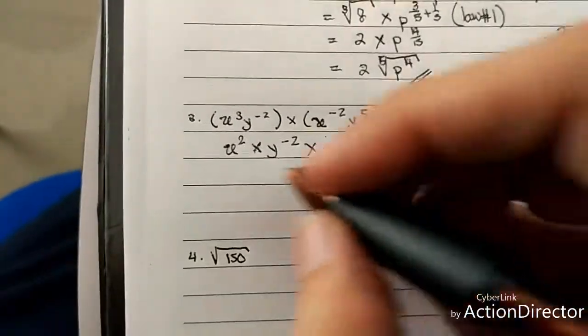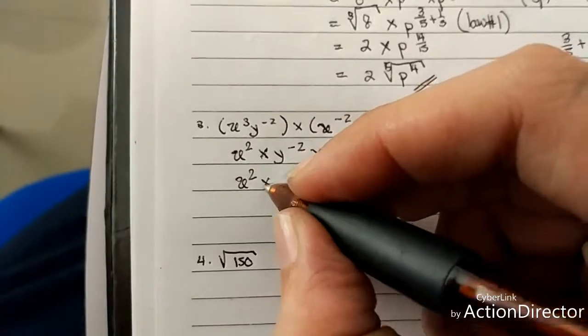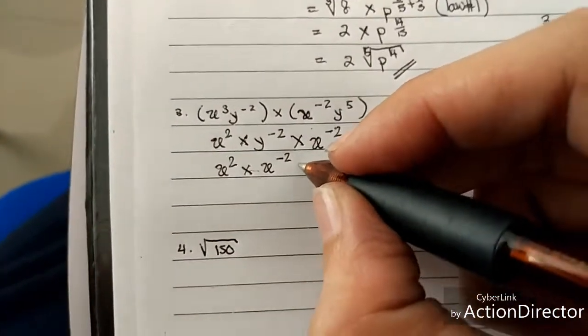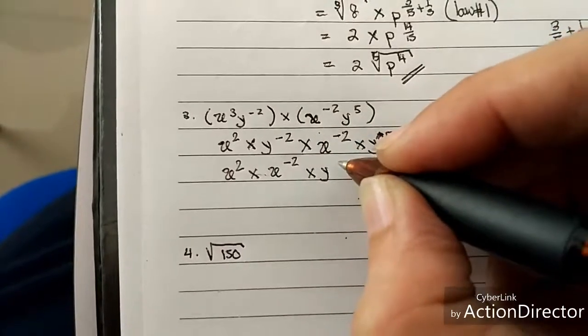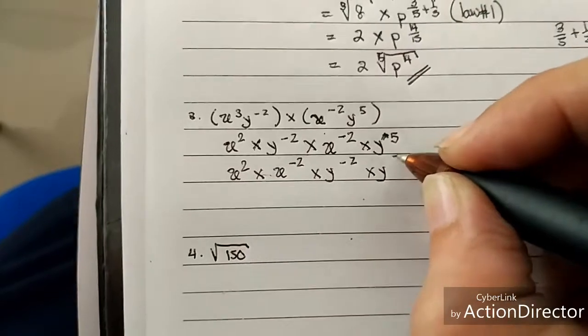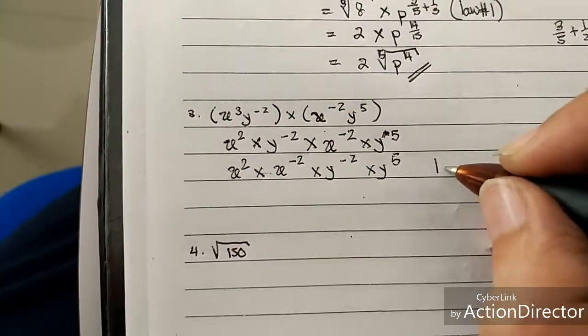Now I will collect the same terms. So x squared times x to the power of minus 2, times y to the power of minus 2 and then times y to the power of 5, which is based on law number 1.